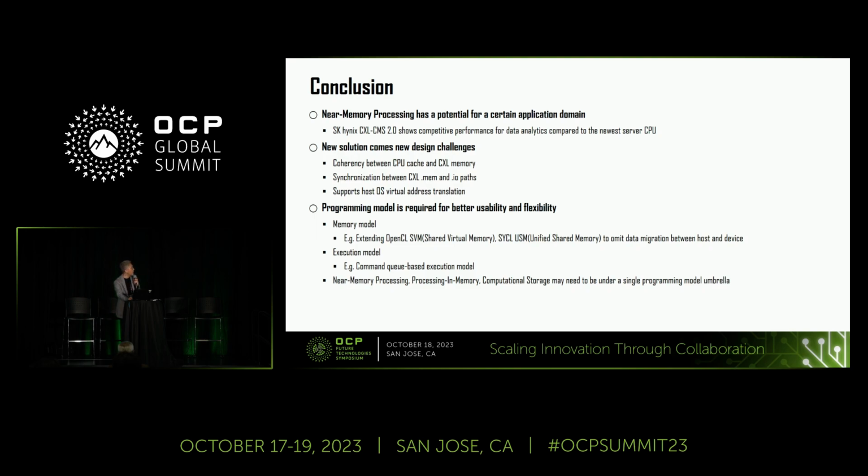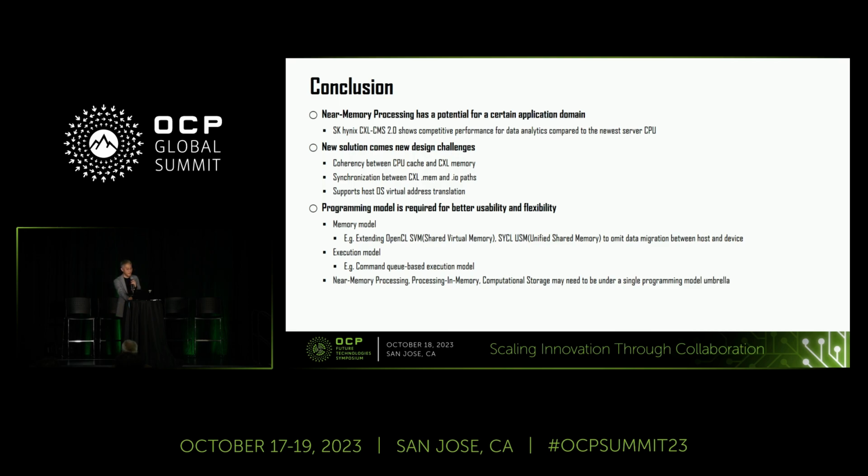So here's my conclusion of today's presentation. SK hynix introduced CXL CMS 2.0, which shows competitive performance for a certain application domain, I mean data analytics platforms, compared to the newest server CPU. But new solutions bring new design challenges, I think: coherency, synchronization, and virtual address translation in this case.